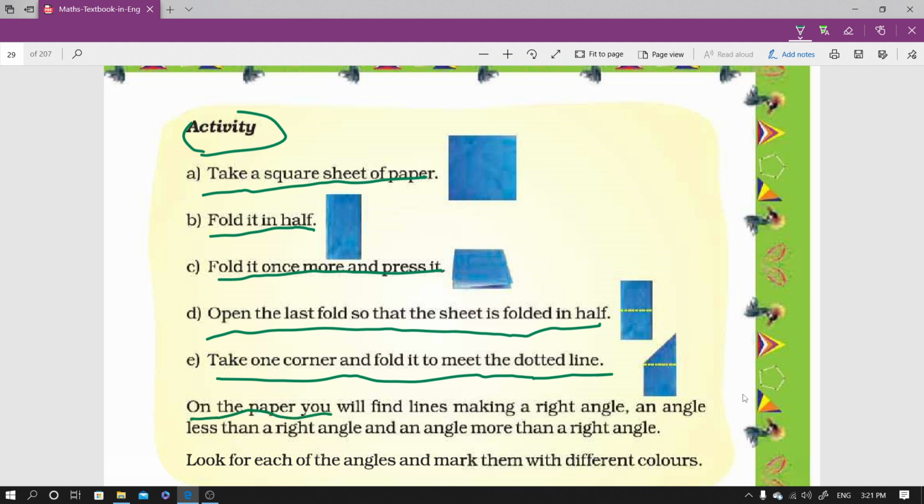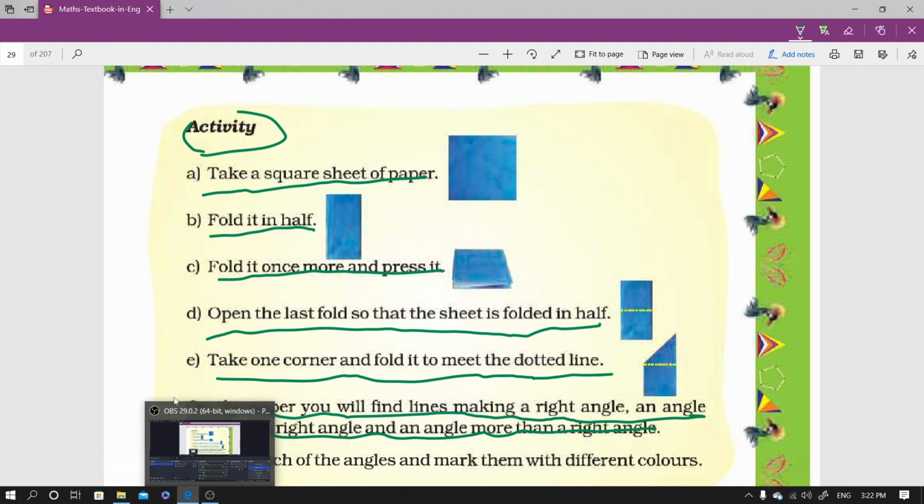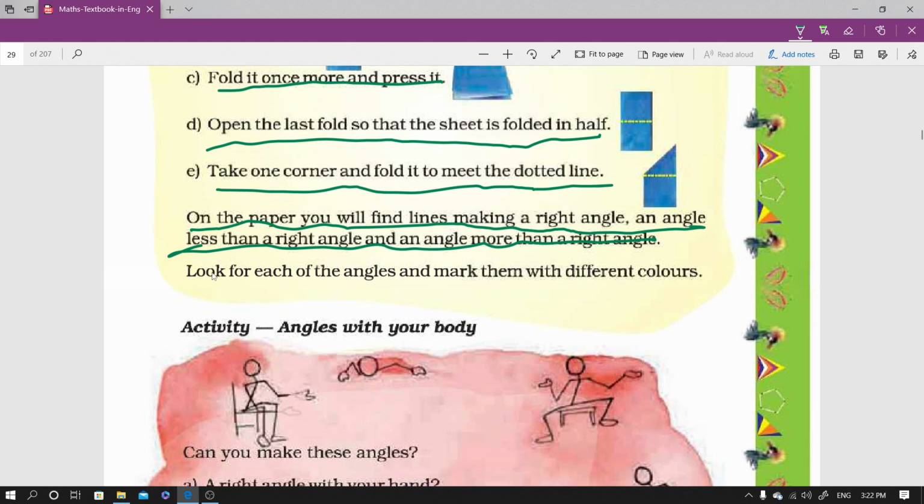On the paper you will find a line making a right angle, an angle less than a right angle, and an angle more than a right angle. Look for each of the angles and mark them with different colors.